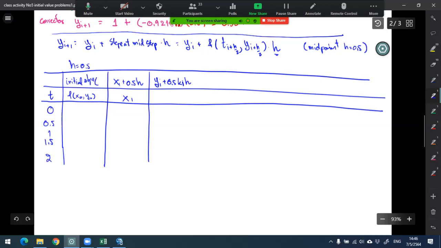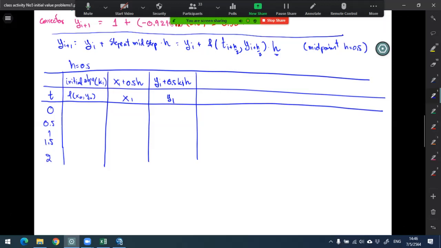I will call the initial slope k1. So for the midpoint, it becomes y i plus 0.5 k1 h. This is the value of y at mid-step. I represent it like y1.